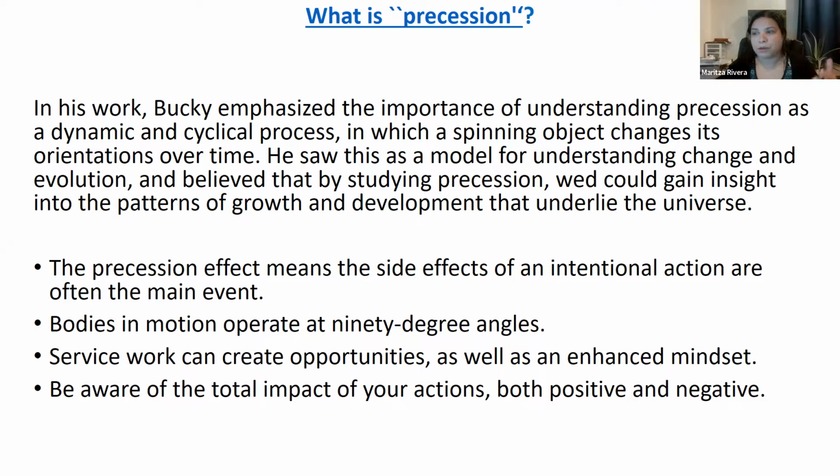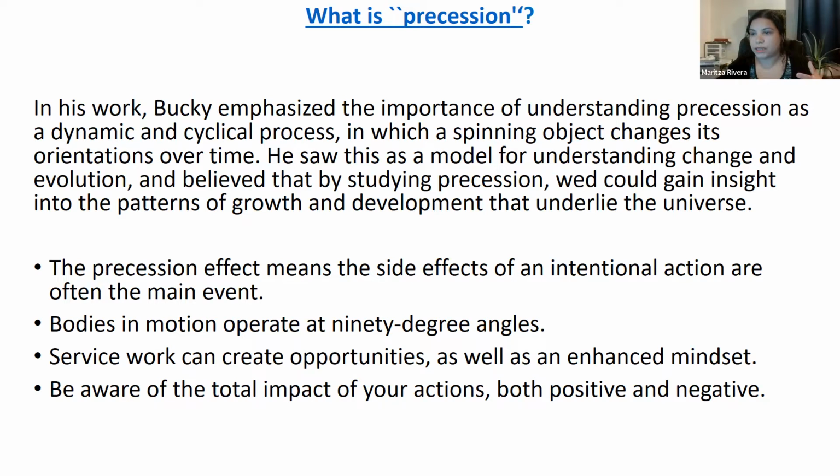Bodies in motion operate at 90 degree angles. So there is this perpendicular relationship or opposition, as it were, in so many things found in nature. And as such, and in many of Bucky's concepts, we look to nature to show us the natural way.